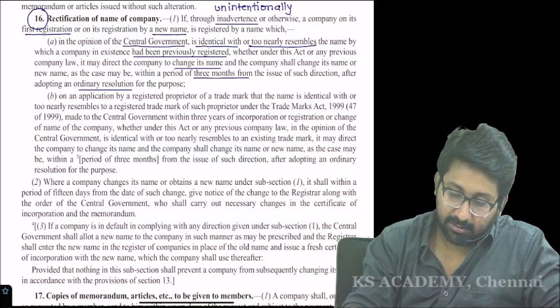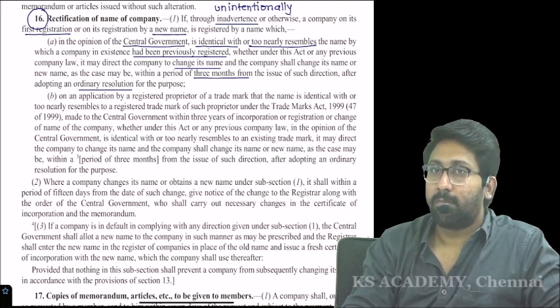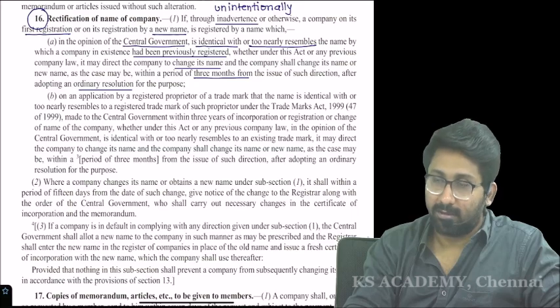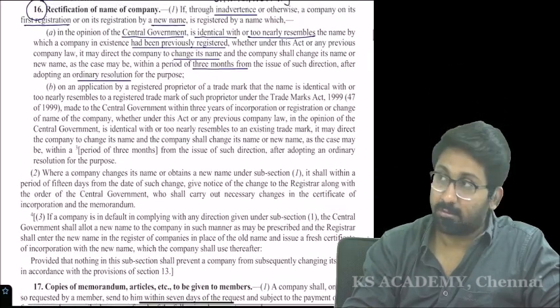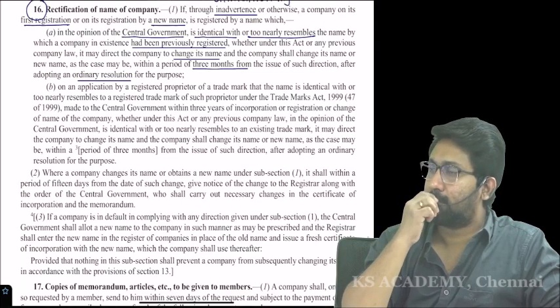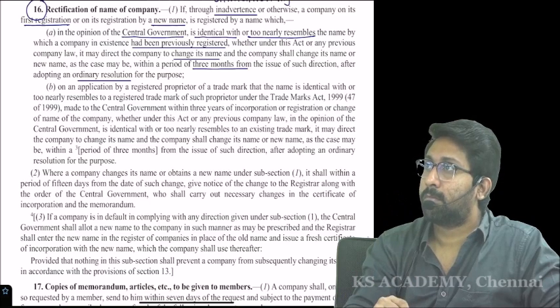There are two cases where a company may be asked to rectify its name. First case will be where the central government finds out that the name used is resembling the existing company's name. In that case, the central government may ask the company to change its name within 3 months by using an ordinary resolution.